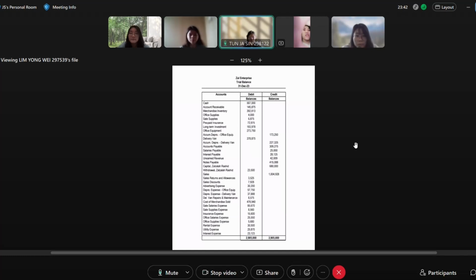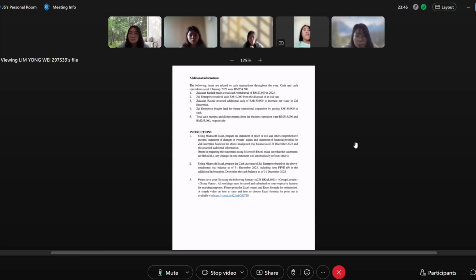So let's look at the instruction. We need to prepare the statement of profit or loss and other comprehensive income, statement of change in owner equity, and statement of financial position for Zhao Enterprise based on the above unadjusted trial balance.